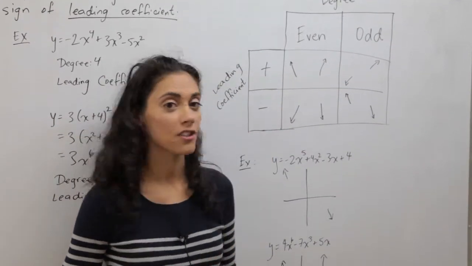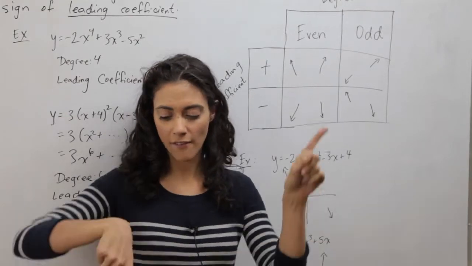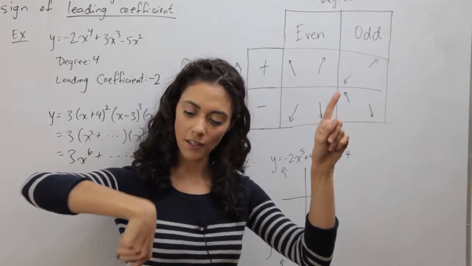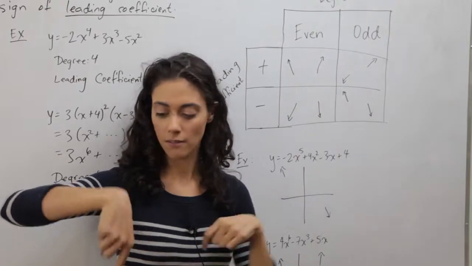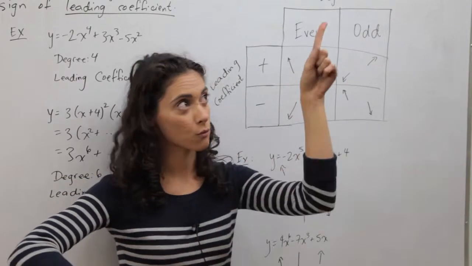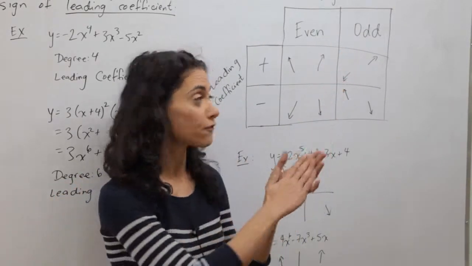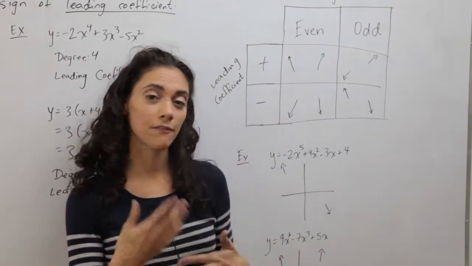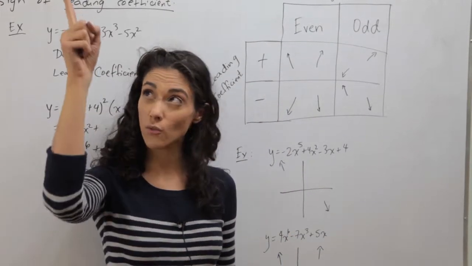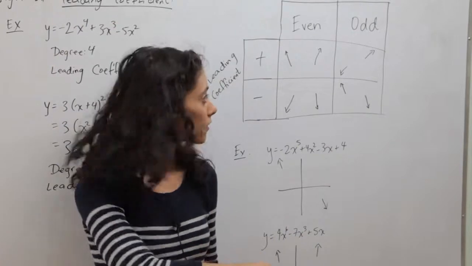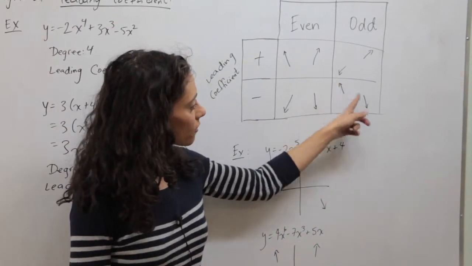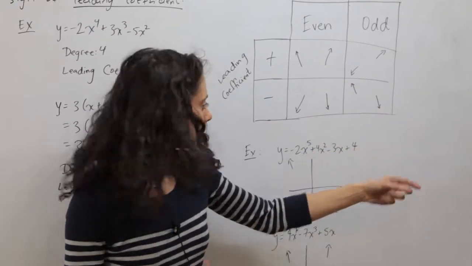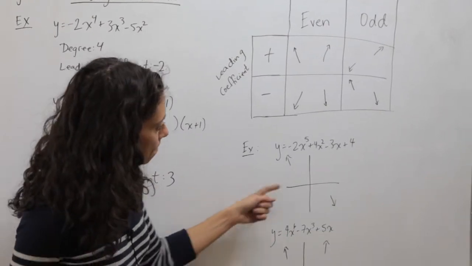If your leading coefficient is positive, I think of it as the graph is increasing. It starts down here and it heads up this way. So from negative infinity up toward positive infinity as you move from left to right. If the graph has been flipped, it switches. It starts way up here and comes downward, so that it starts in this quadrant and would end down in that quadrant over there.